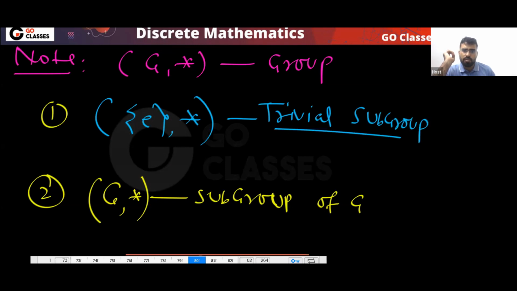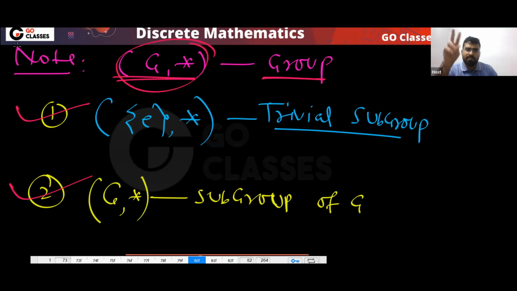This cute group, you can notice, very cute. Just take only the identity element. This is called the trivial subgroup. So for any group you take, these two will be subgroups of every group. Every group is a subgroup of itself, and also the trivial subgroup, just the identity element of G, is a subgroup of every group.